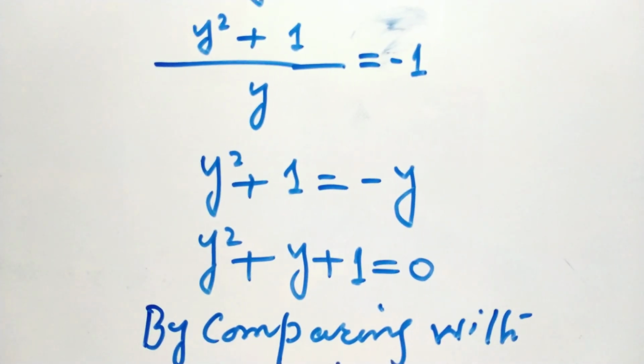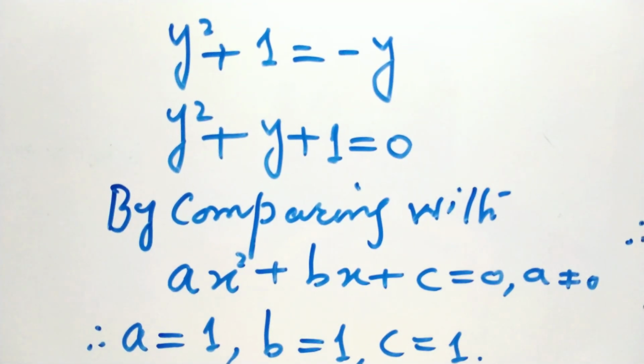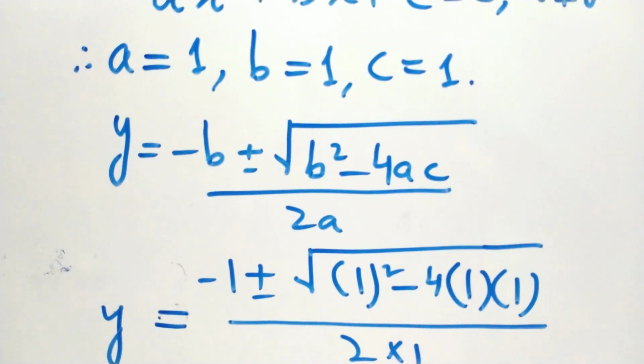So by comparing it with the general form of quadratic equation, we have a equal to 1, b equal to 1, c equal to 1, and we will apply the quadratic formula to solve it. The quadratic formula to find out the value of y is minus b plus minus under root b square minus 4ac divided by 2a. So just plug in the values.